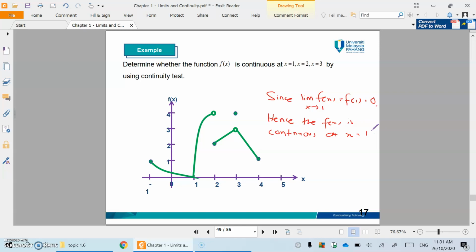I hope all of you can try the continuity of the function f(x) at x equals 2 and x equals 3.